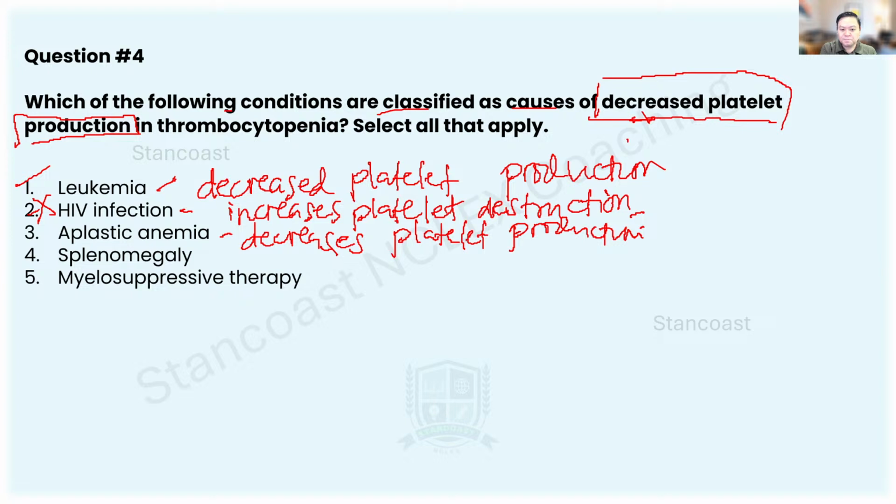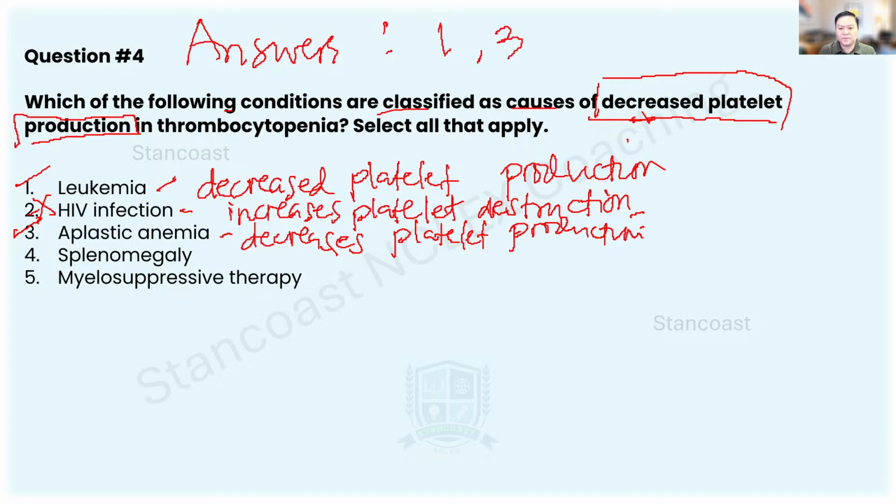Okay. Now, what about number 4? Splenomegaly. What do you think about that? Actually, that is not wrong. Aplastic anemia, that's not an X, but that is a check mark. Sorry. So that is one of the answers, number 3. So we have answers 1, 3.